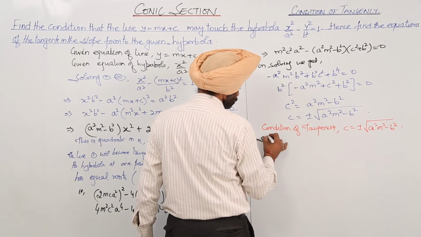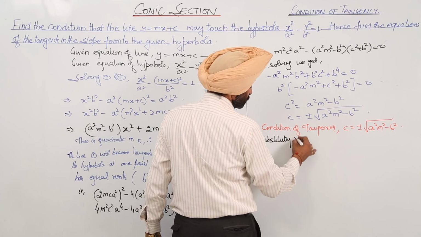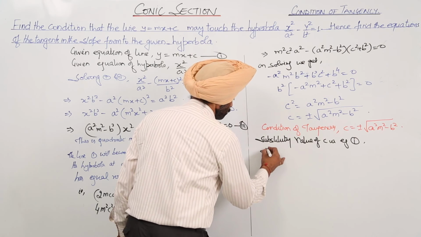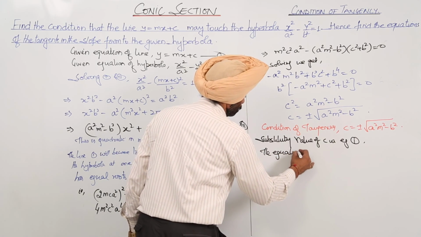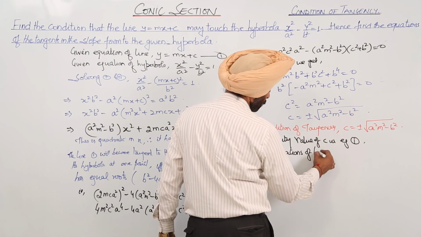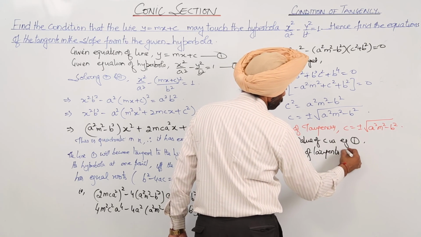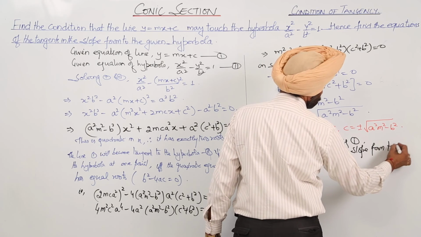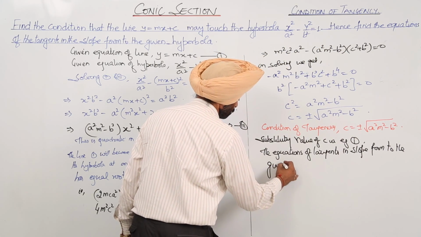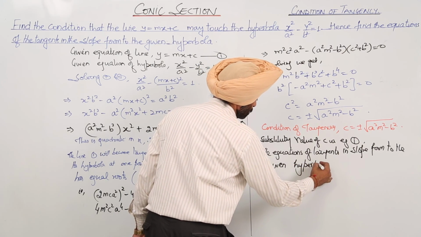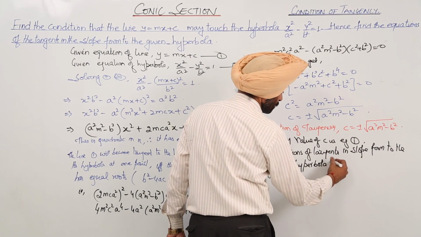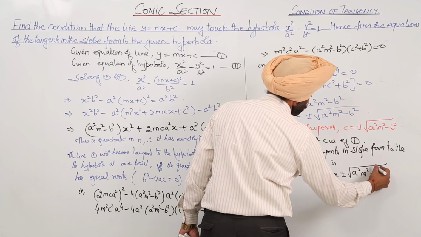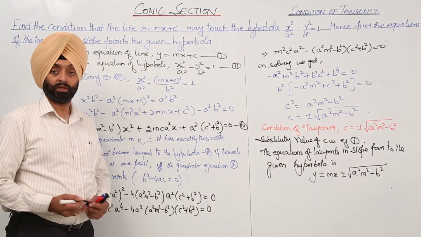Substituting the value of c in equation 1, the equation of tangents in slope form to the given hyperbola is y is equal to mx plus minus square root of a square m square minus b square. Okay. This is the condition for the tangent.